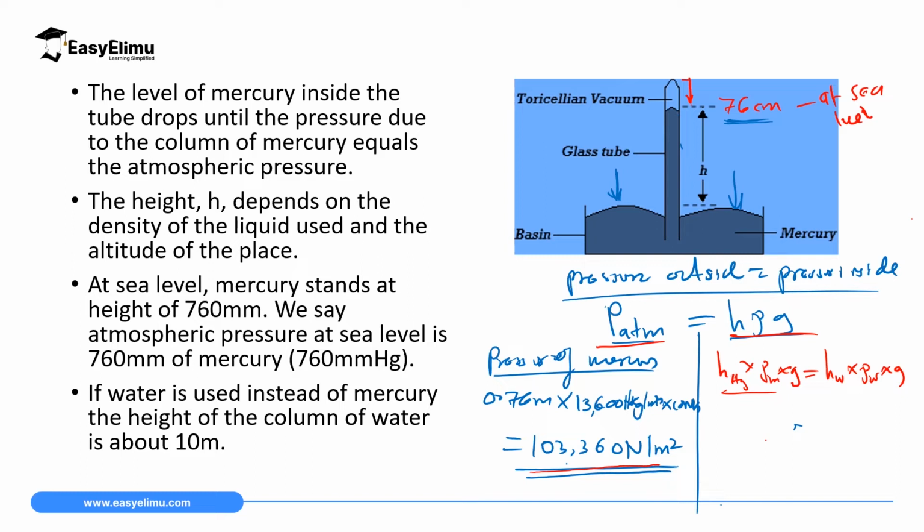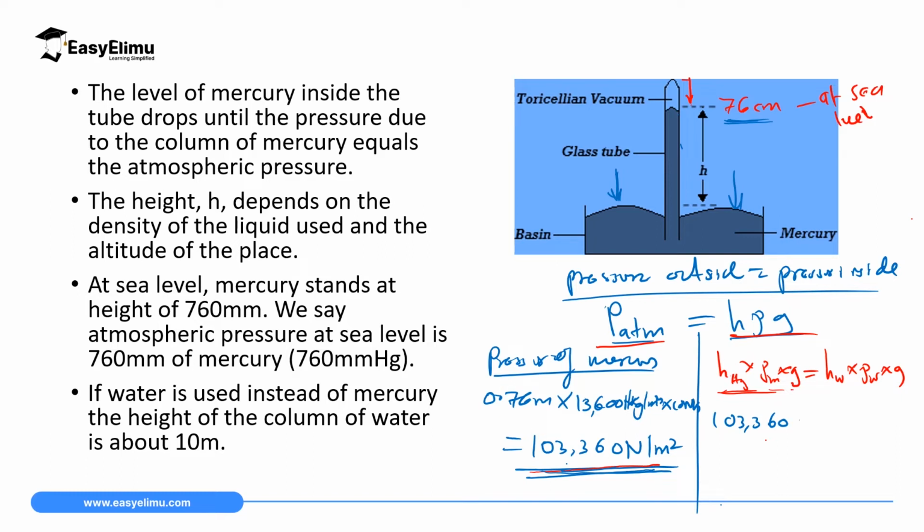So now this height of mercury times density of mercury times gravitational constant is the same as the atmospheric pressure at sea level, which is the same as 103,360, not 600, 360. Then now this pressure is the atmospheric pressure.